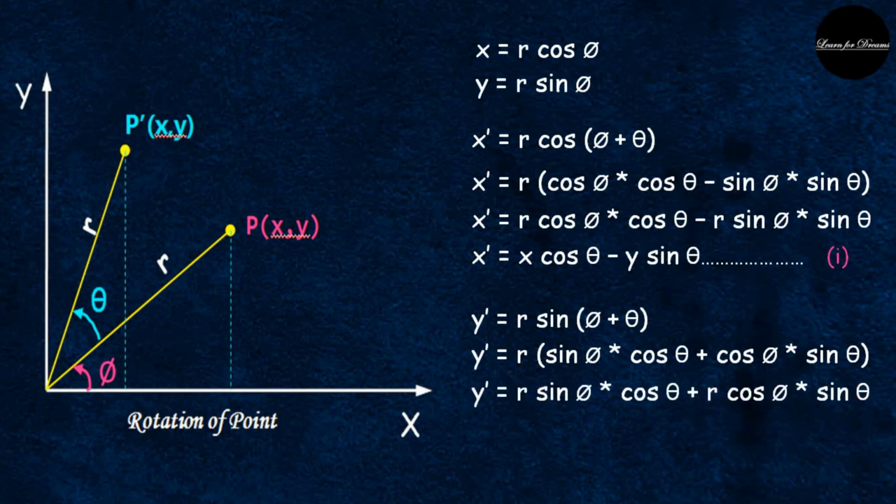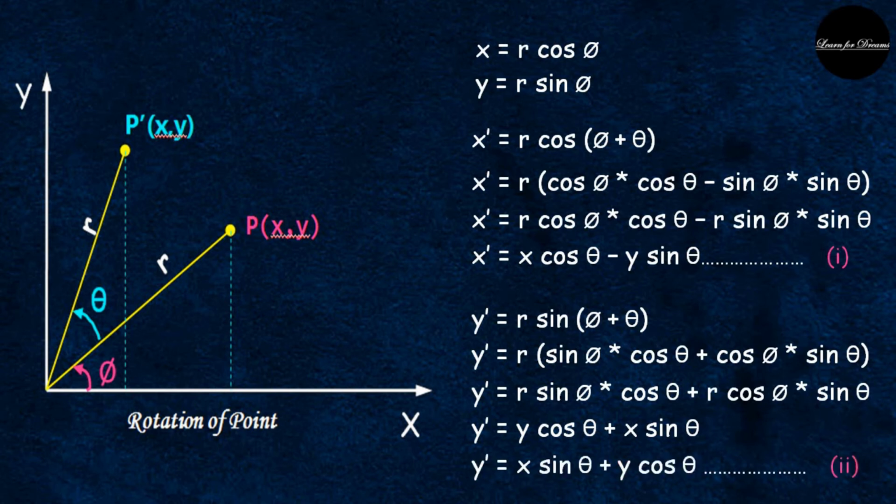Now removing the bracket, we get the equation y dash is equal to r sin phi cos theta plus r cos phi sin theta. Again we will replace r cos phi and r sin phi by x and y. So the equation for y dash becomes y dash is equal to x sin theta plus y cos theta.